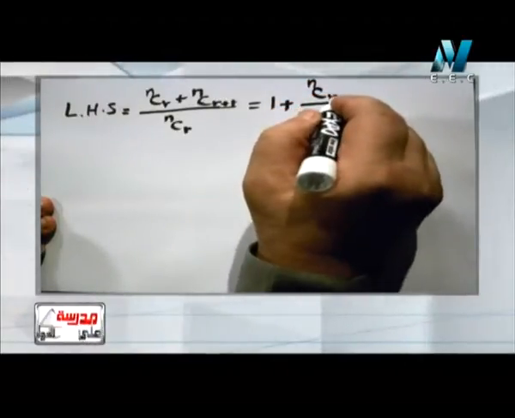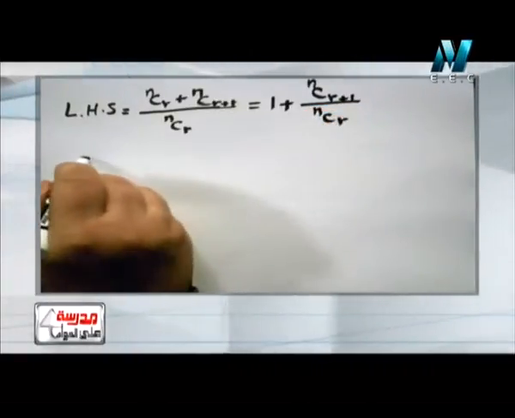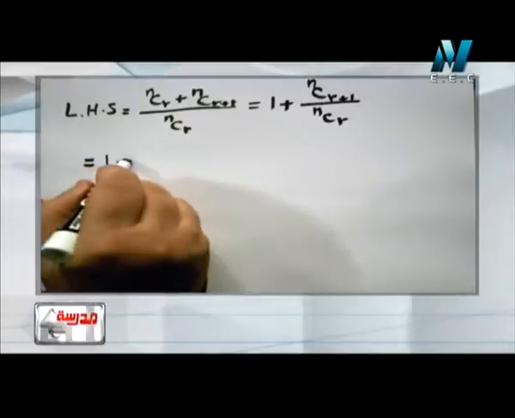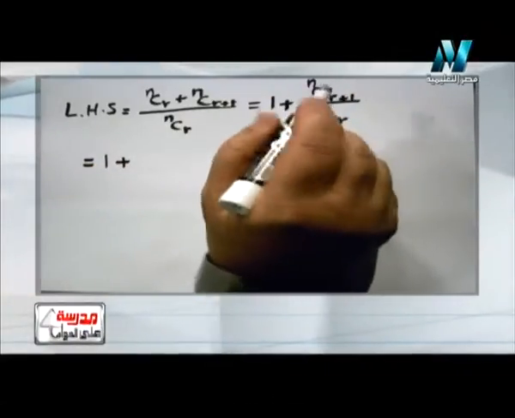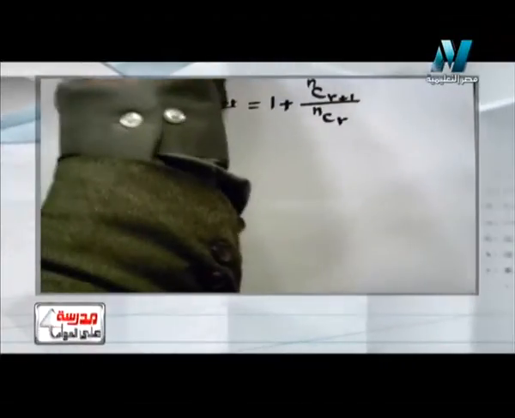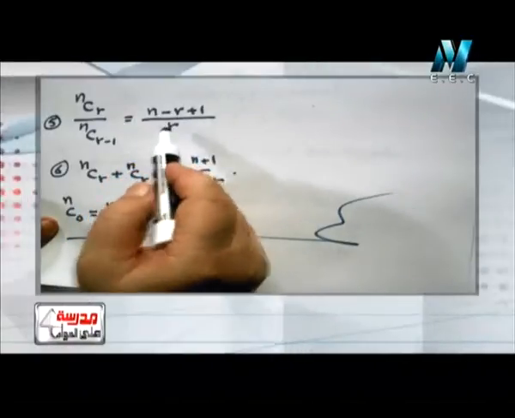What about nCr+1 over nCr? It is the ratio between two consecutive combinations. Law number 5: nCr over nCr-1 equals (n minus r plus 1) over r.